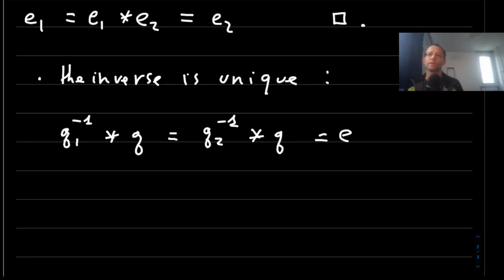But now we can multiply it with the inverse we want on the right. And we find that G1 inverse is G2 inverse, which is what we wanted to prove, namely that each group element has a unique inverse.